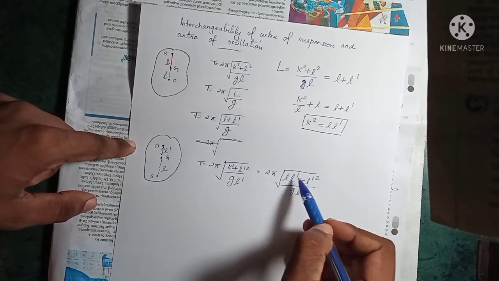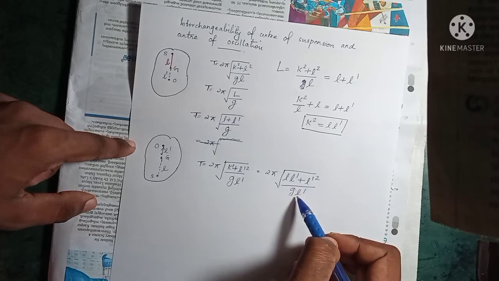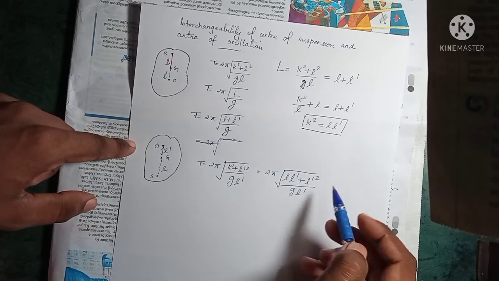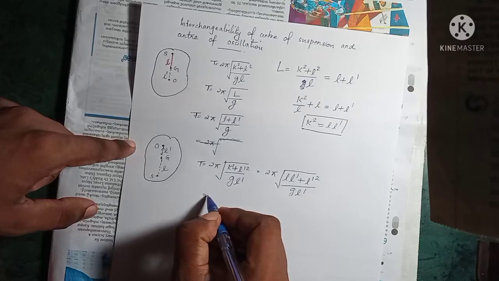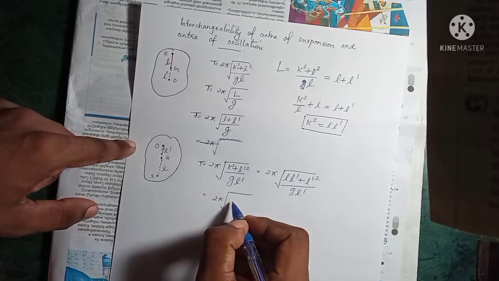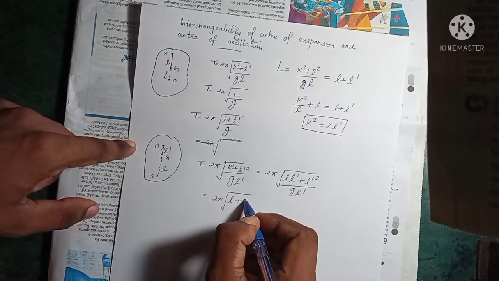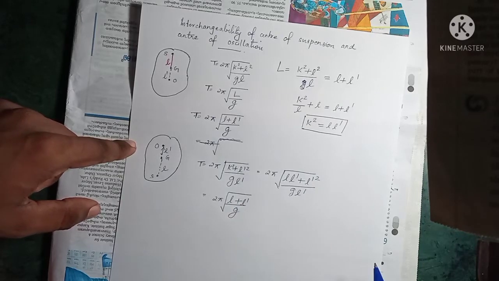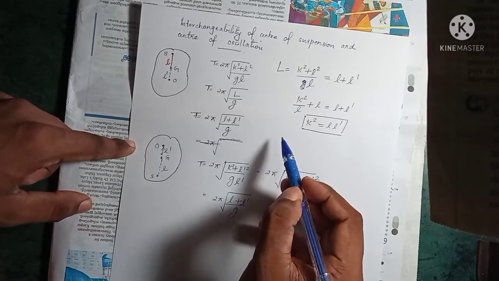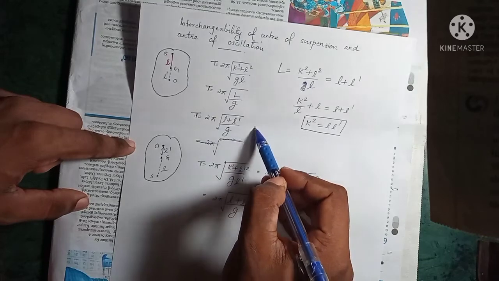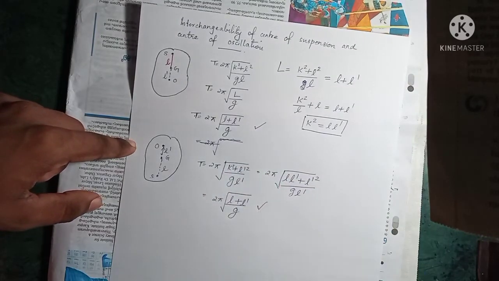So we can take L dash common here and the L dash in the denominator cancels. So the remaining value will be 2 pi root over L plus L dash upon G, which is same as the time period of the original compound pendulum. Both are the same. So what we have obtained is that it is possible to interchange the center of suspension and center of oscillation and still the time period will be same.